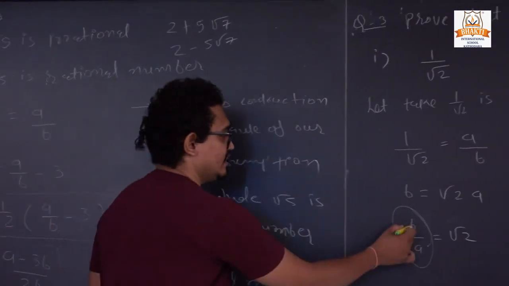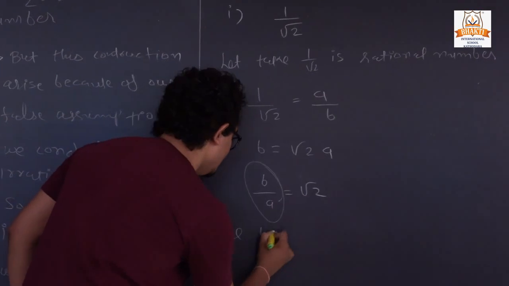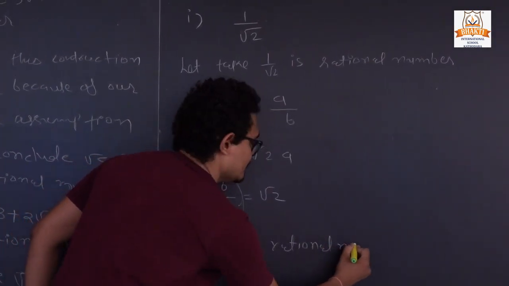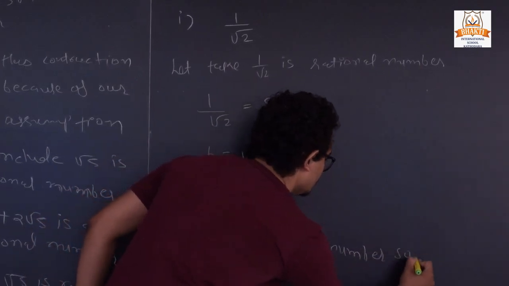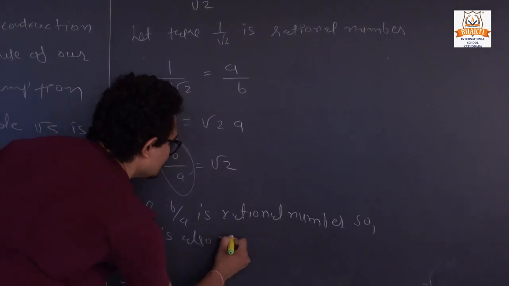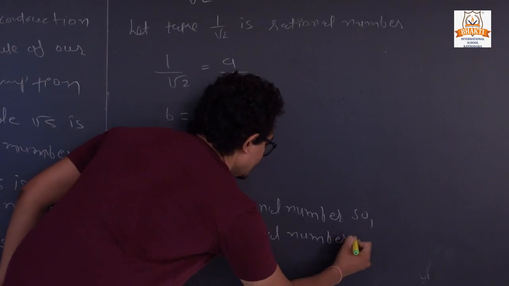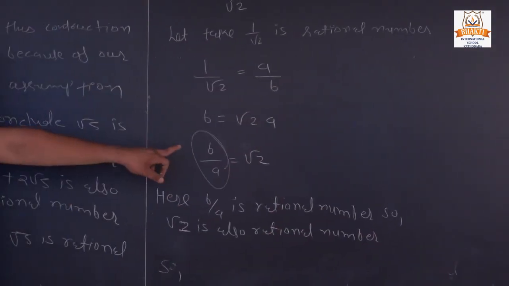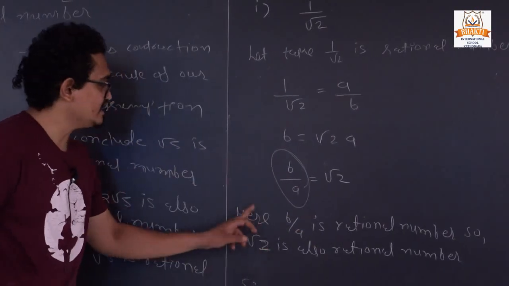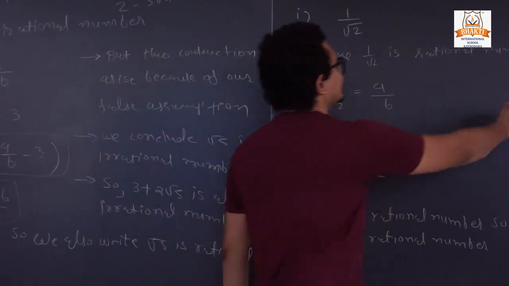So B upon A is a rational number, so root 2 is also a rational number. But here we know that root 2 is not a rational number, it is an irrational number. So it has arisen because of what? Our false assumption.